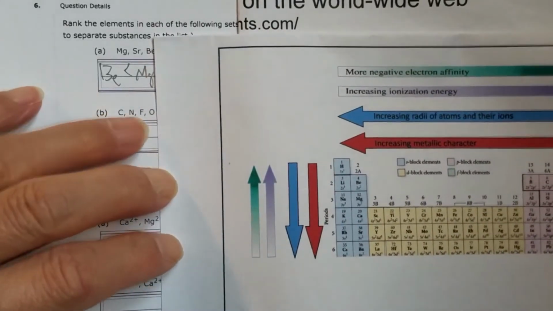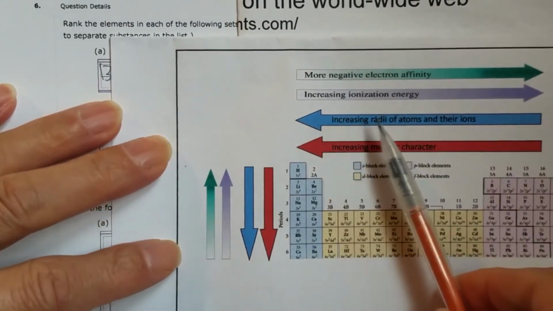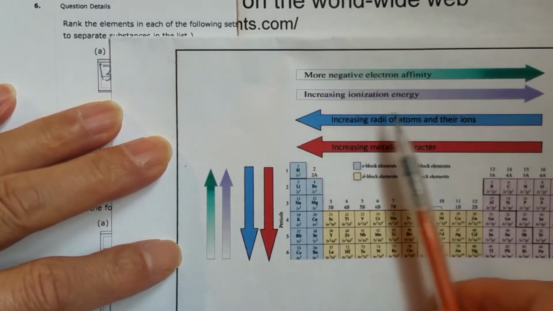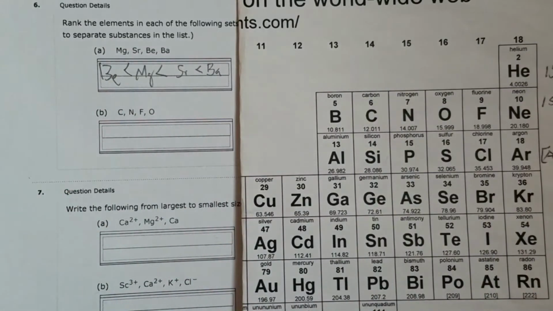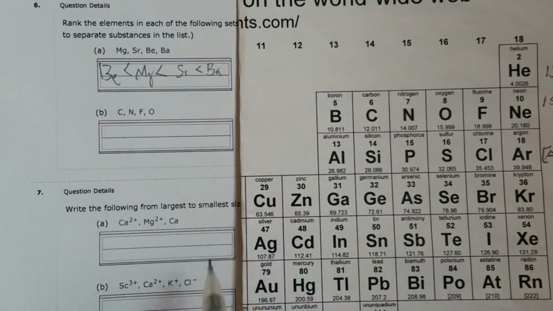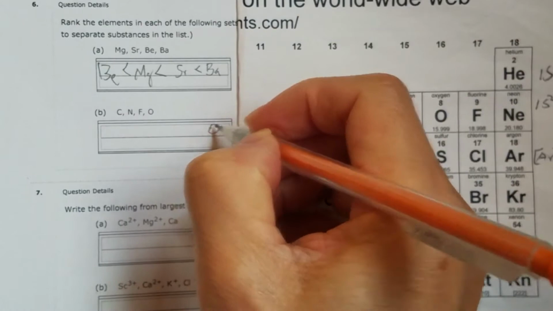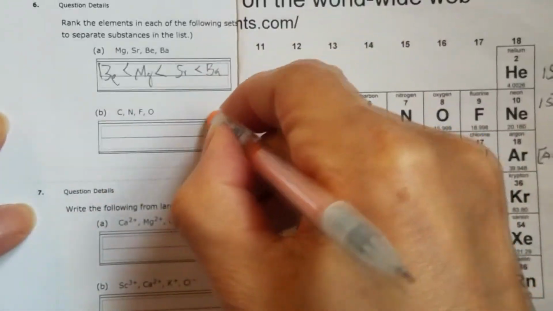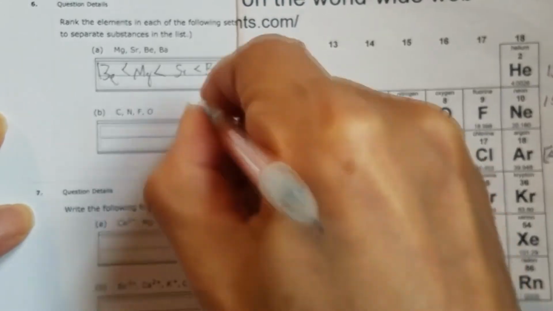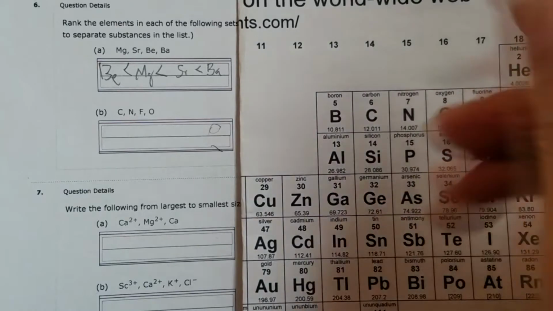Bring this chart back again. The radii of atoms increases from right to left. Therefore, that tells us oxygen should be the largest one. No, fluorine, I'm sorry.